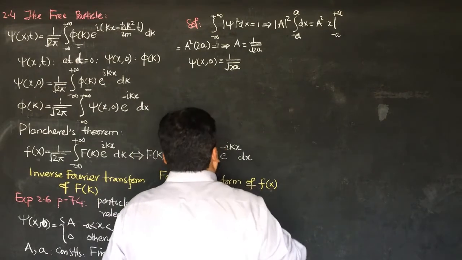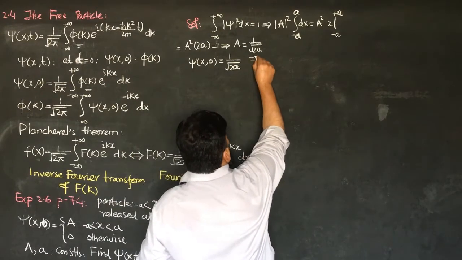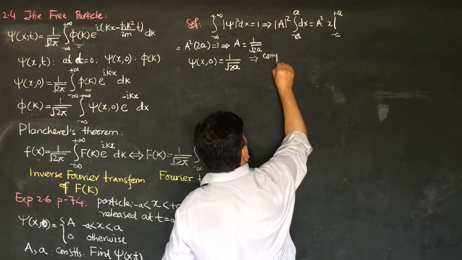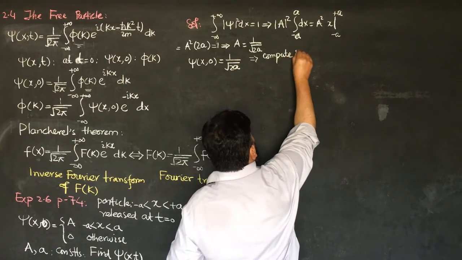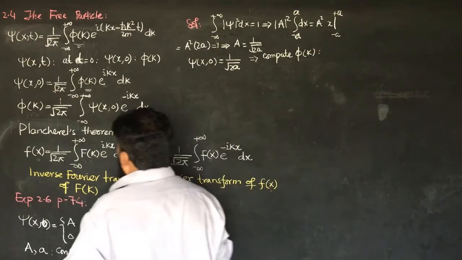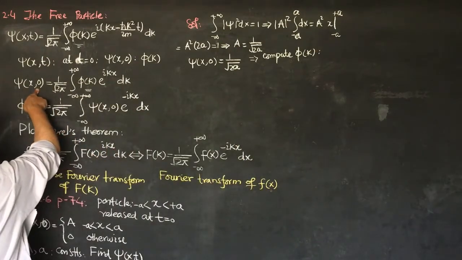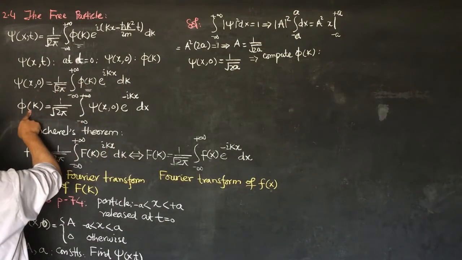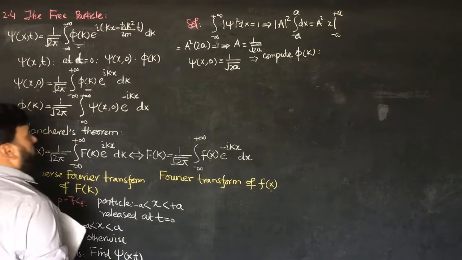Now we will have to compute φ(k), because our ψ(x,0) is now known to us. So we will compute φ(k) from here.